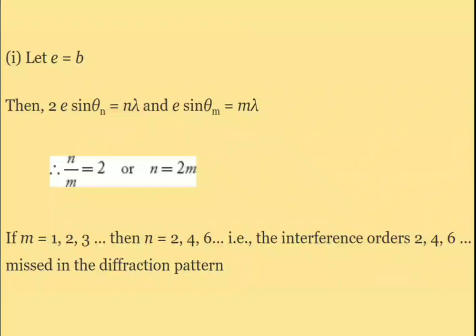By substituting e in place of b, we get 2e sin theta equals n lambda. Already the diffraction minima formula is e sin theta equals m lambda. By equating both equations, n by m value is 2.